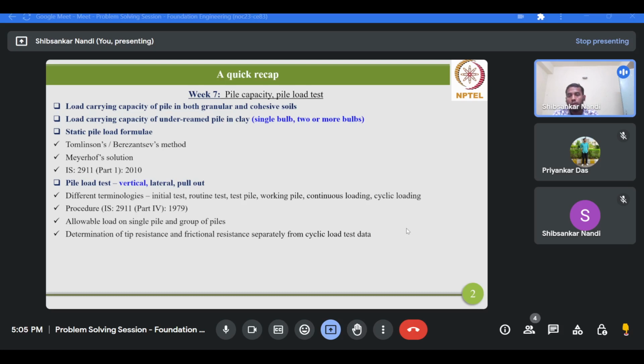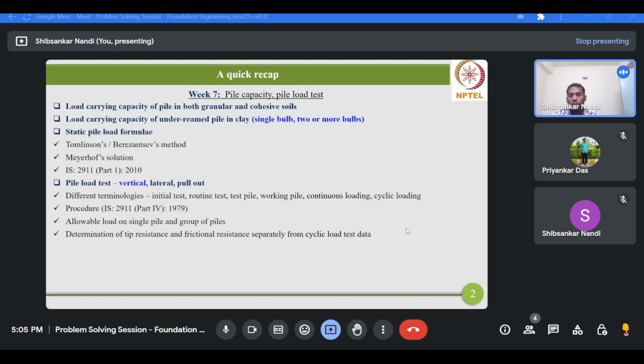For the specific course, our concern will be mostly on the vertical pile load test. This vertical pile load test is usually used to determine the load settlement behavior and consequently the allowable load on a single pile or a group of piles.